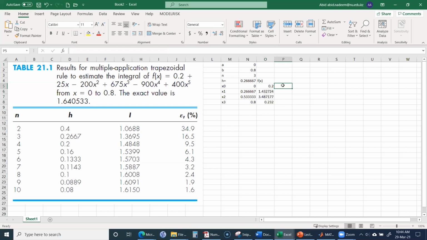So for the trapezoidal rule, the first value of the function will be the same, okay? Let me show you the formula for the multiple application.